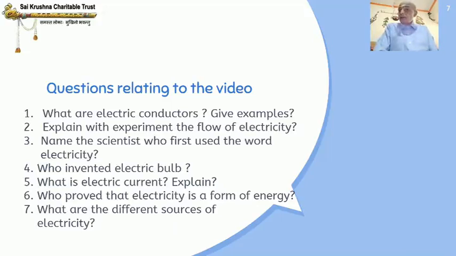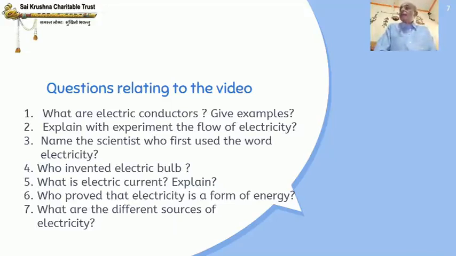And then, who invented the electric bulb? Then, fifth question. What is electric current? Explain. Then, sixth question. Who proved that electricity is a form of energy?